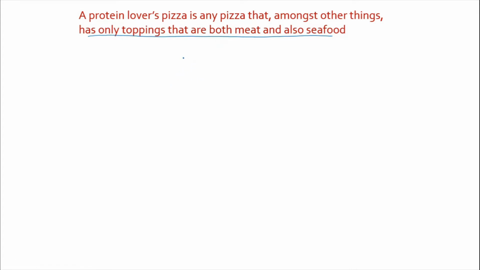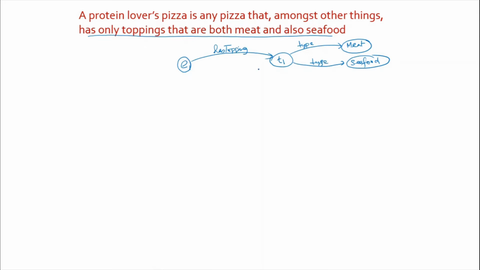So we need to have something like this: E hasTopping T1, and T1 should belong to, it is a type of meat, as well as it should be a type of seafood, right?